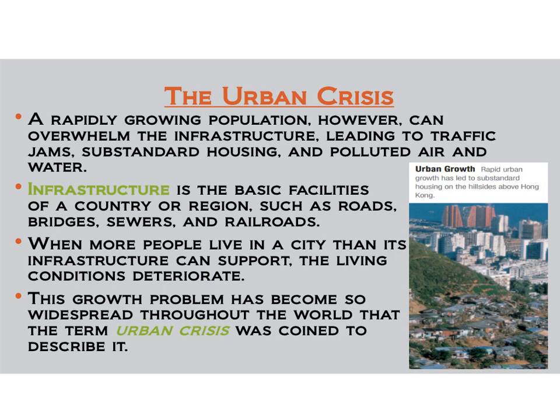And what happens is the infrastructure of the city starts to break down. And the infrastructure includes stuff like roads, bridges, sewers, railroads. All right, the basic facilities that help people get along and get to where they need to go.